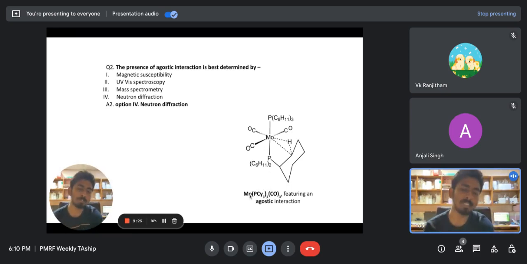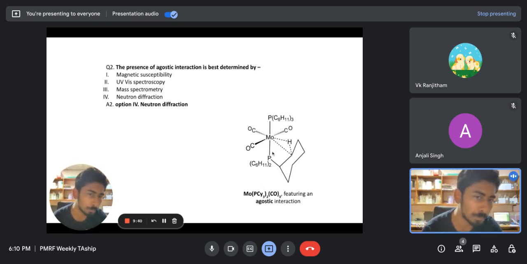Molybdenum is a 6 electron species, d5s1, and all the CO molecules and PCy3 are 2 electron donors. We have 5 such ligands, so 5 into 2 is 10, and molybdenum is 6, so in total it's a 16 electron species.